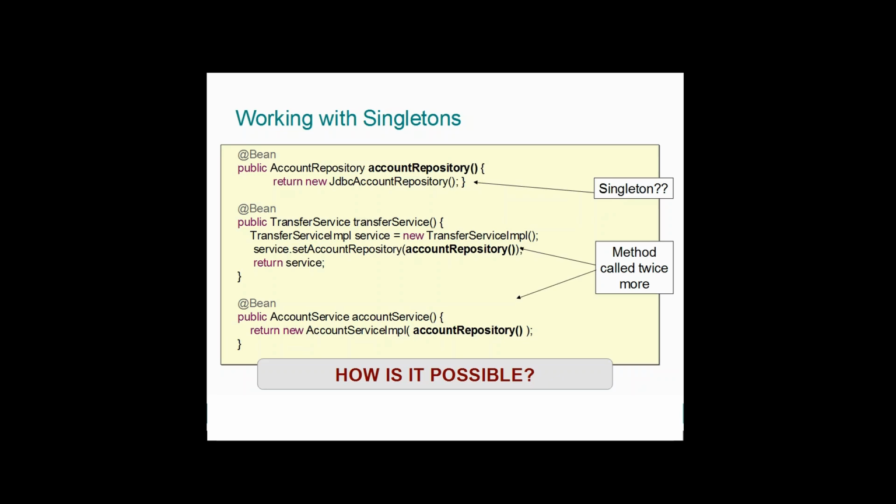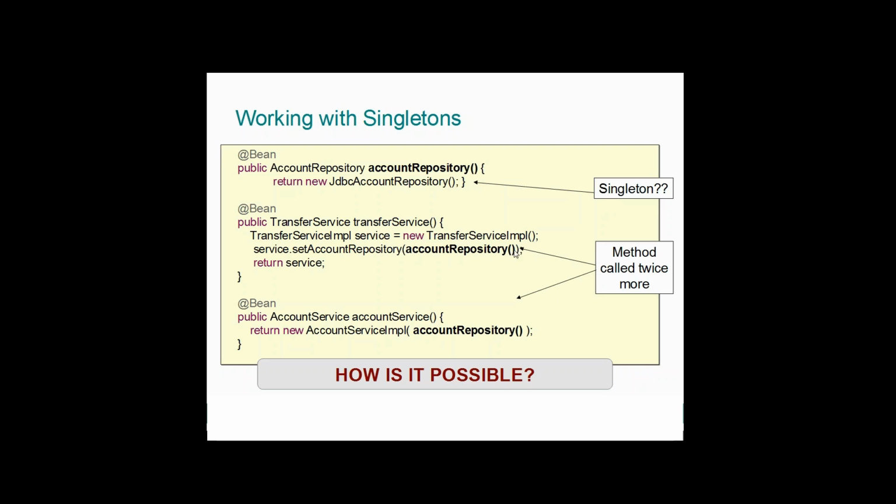So you're saying remove the dependency, the configuration itself. No. For example, there we are saying service dot set account repository, and here we have this method call, with those brackets at the end.